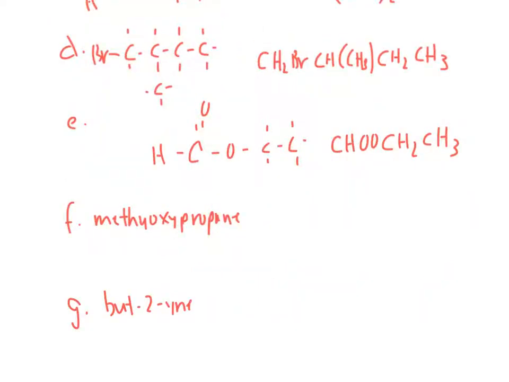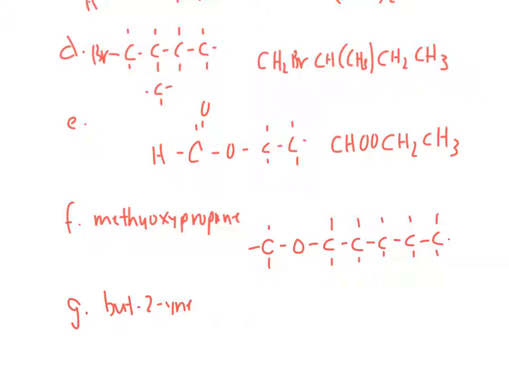Okay, so I have the names for F and G here. So methoxypropane, I think ethers are actually the easiest to write because you just follow the order. It's telling me that I have a methyl group, so CH3 with an oxygen and then a propane group. I can assume that the propane group is non-branched, or it would have been named differently.